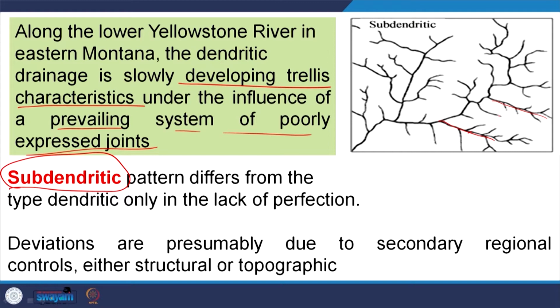So, though it is totally a dendritic system, locally there are certain parts showing a trellis pattern. Similarly, some local part may show some other pattern also. The whole drainage system is not of dendritic characteristics, that is why it is called subdendritic. So, it is modified basic. Basic is the dendritic pattern, subdendritic is the modified basic pattern.